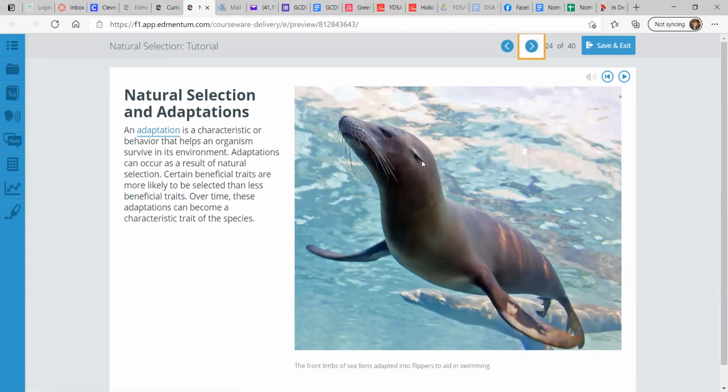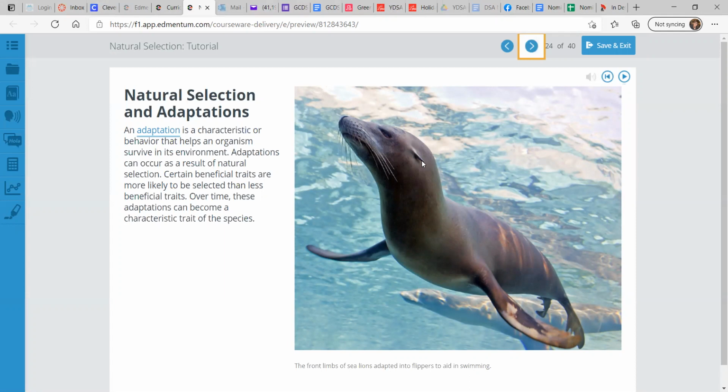All right, so an adaptation is a characteristic or behavior that helps an organism survive in its environment. And these can occur as a result of natural selection. Certain beneficial traits are more likely to be selected than the less beneficial traits. Over time, these adaptations can become a characteristic trait of the species.